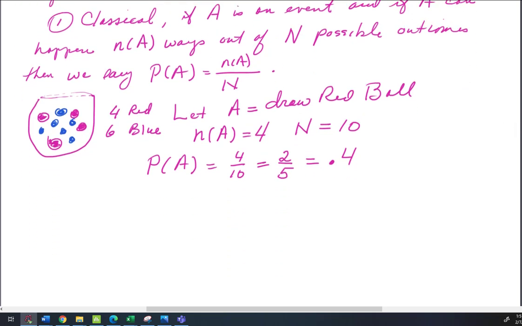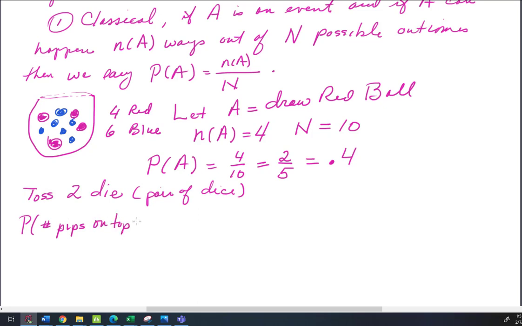If we would toss 2 dice, that is a pair of dice, right? What's the probability that the number of pips, those are the spots on the die, on top, is equal to 12?